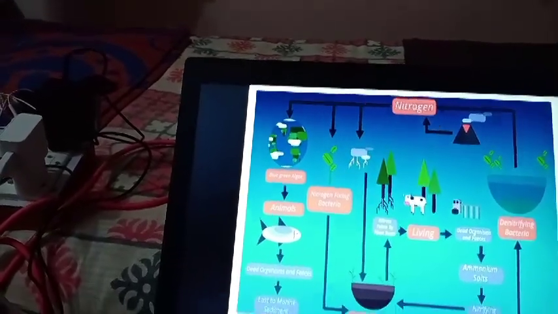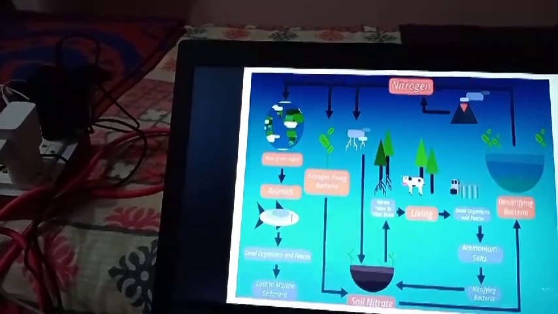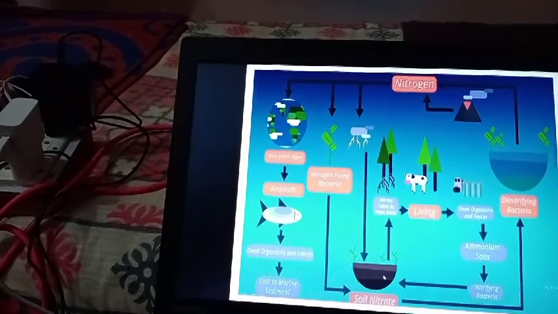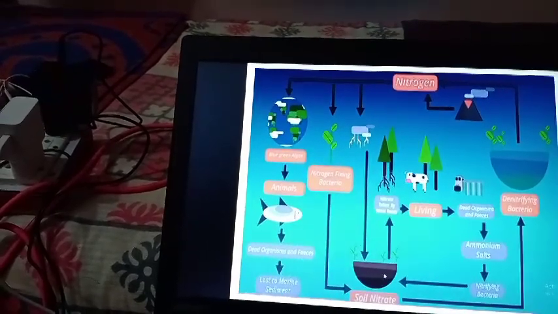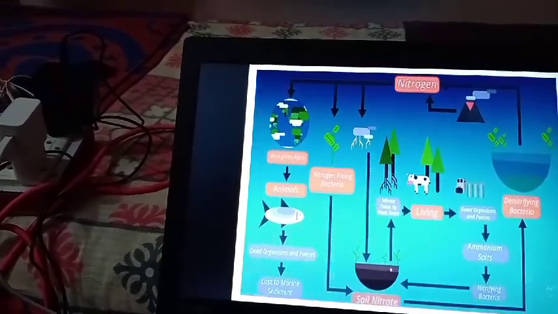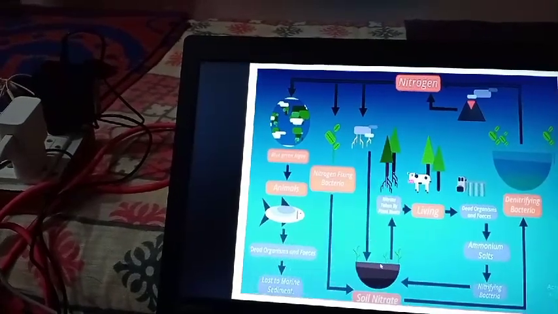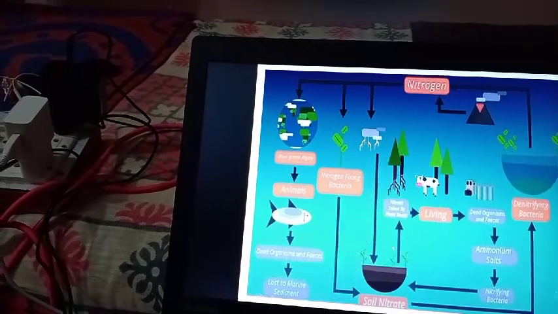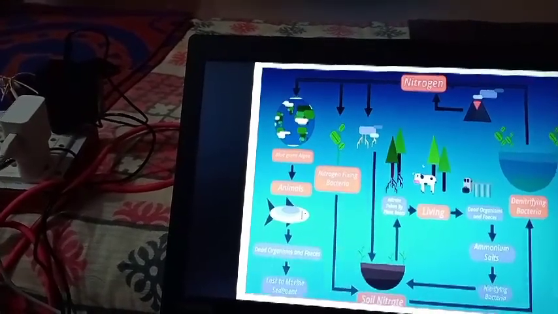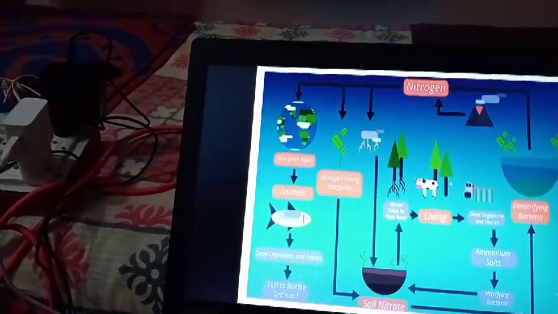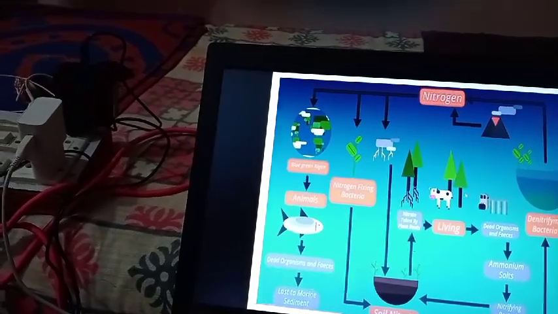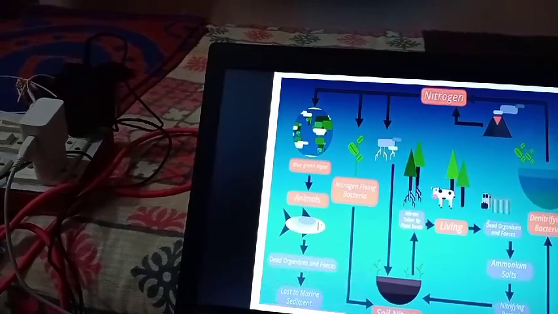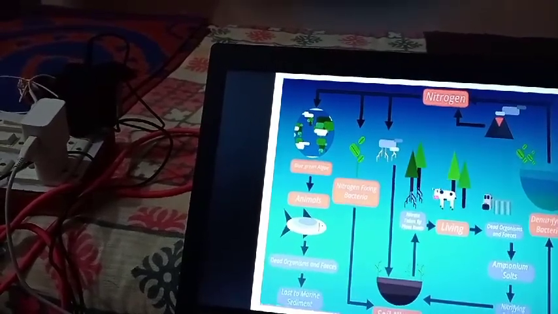This nitrogenous waste is decomposed by decomposing bacteria and converted into ammonia. So ammonia again is converted into nitrites and nitrates by nitrifying bacteria, and then plants absorb them, and then animals eat the plants, and then again they become nitrogenous waste and ammonia is released.